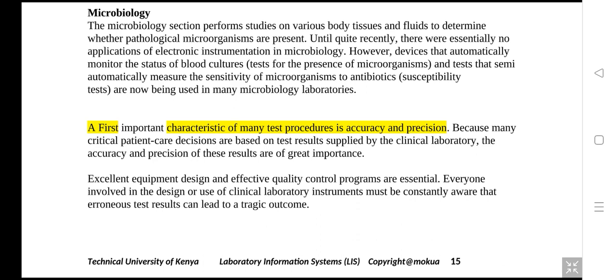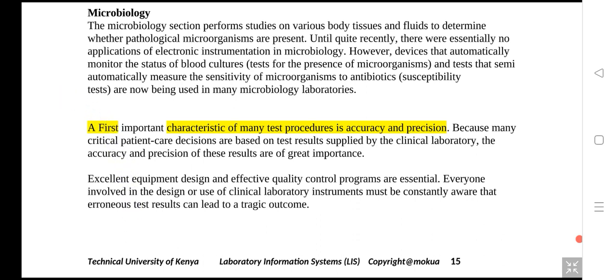A very important characteristic of any test procedure, whatever the technique, is that it must be accurate and precise. What we are very keen about in the lab should be accuracy and precision.